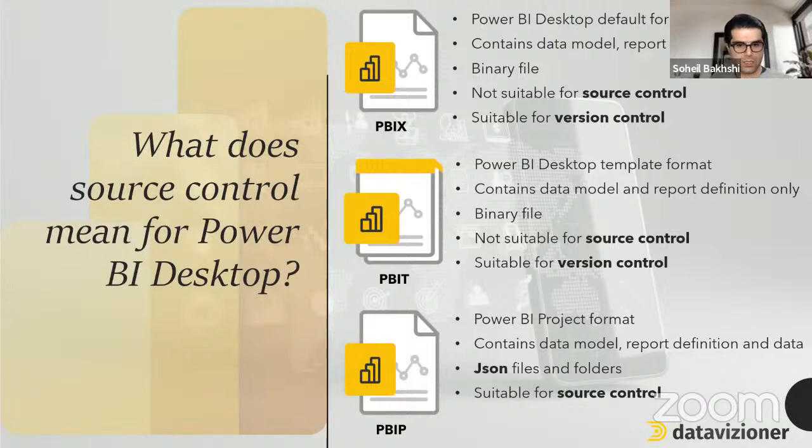Whenever we generate a PBIP file, we'll see that there is just one PBIP file and 2 folders side by side with the file, one for the report and the other for the dataset. And a dataset, as I suppose many of you already know, includes the Power Query data transformation steps and the data model itself.